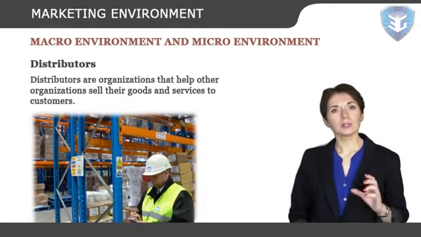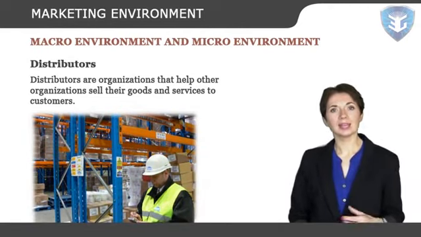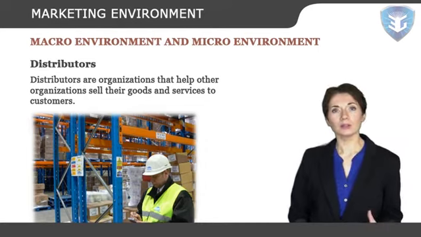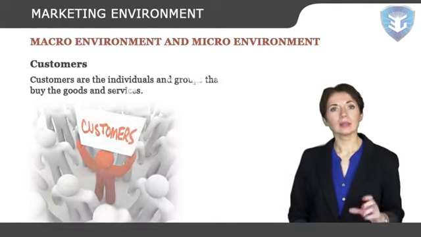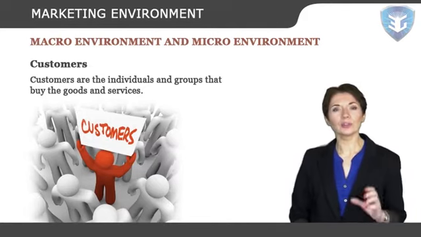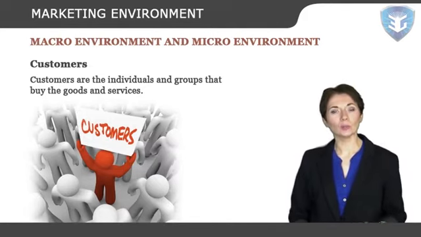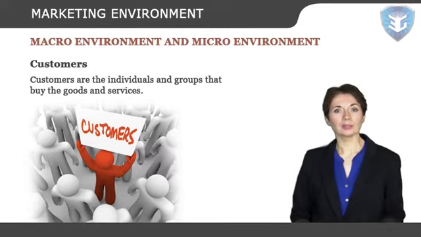Distributors. Distributors are organizations that help other organizations sell their goods and services to customers. The decisions that managers make on how to distribute products to customers can have an important effect on organizational performance. Customers. Customers are another group of actors in the operating environment of business. Customers are the individuals and groups that buy the goods and services that an enterprise produces.